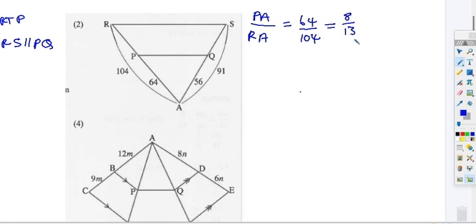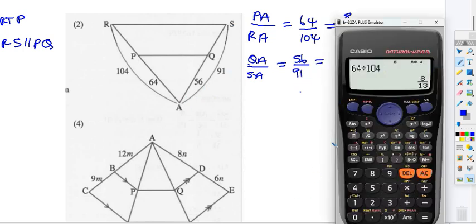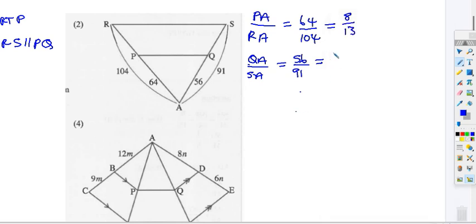8 over 13. Now the other side is QA over the whole side SA. This is giving me 56 over 91. My calculator once again: 56 over 91 is also giving me 8 over 13.